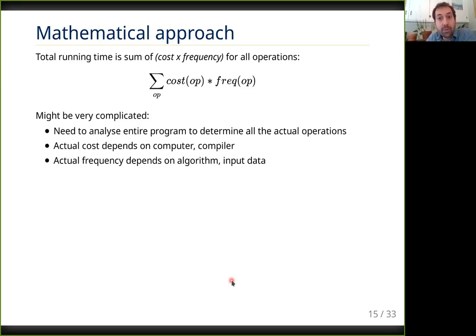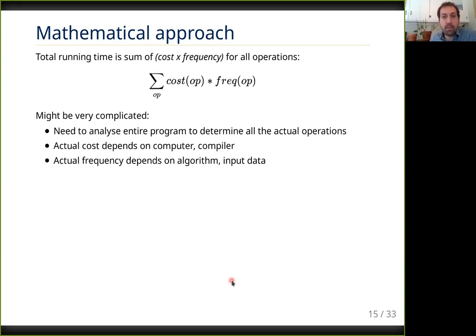It depends on the computer itself, the processor that's executing those operations. Some processors are very fast at doing certain things and others are not so fast and so on. So such a detailed accounting might be very, very difficult to do.